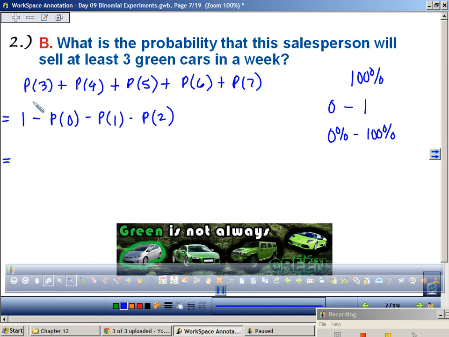Okay, moving on. So I have 1 minus, what's the probability of 0?